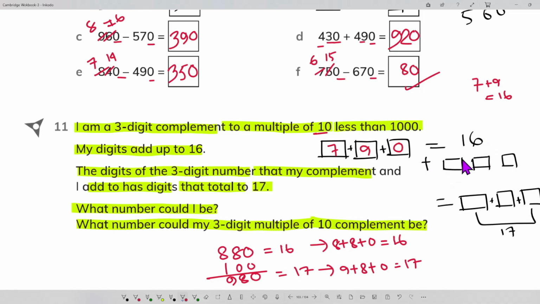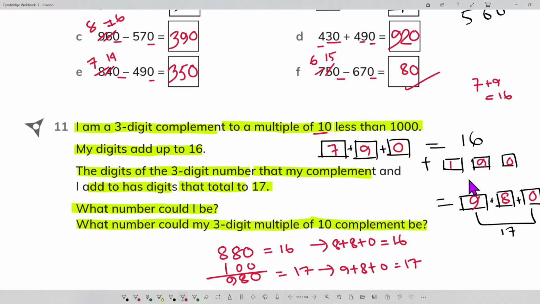Okay, and if we add with this number, it means 790 with 190, so 9 plus 1 is 10, so 0 and 0, it will be 0, 9 plus 9 is 18, 8, carry 1, 2 plus 7 is 9, so it will be 980, and this one also 17.